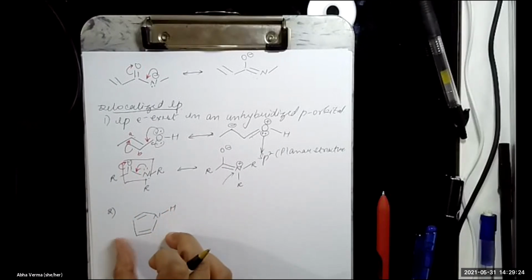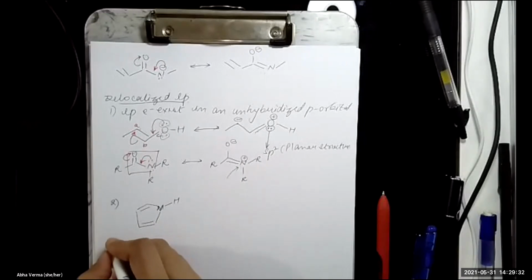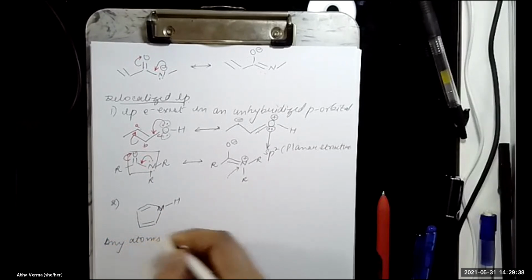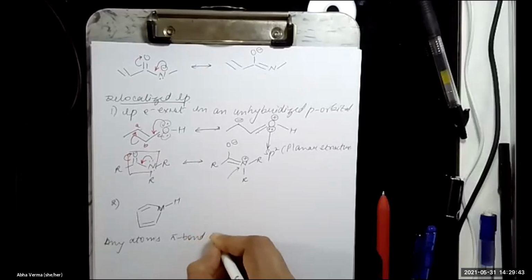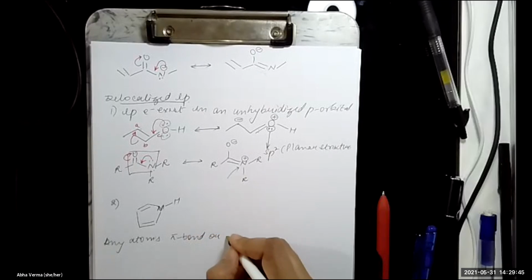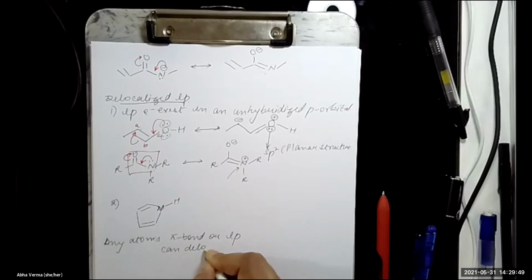A second identification is that, let's say that you have a system like this. If I have a lone pair within a ring, for any atom, either a pi bond or a lone pair can delocalize, not both.